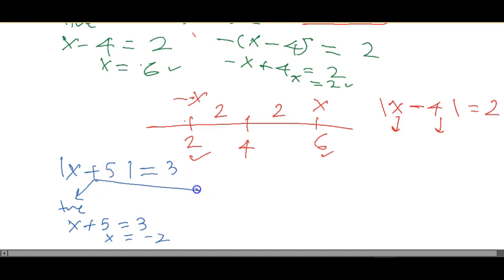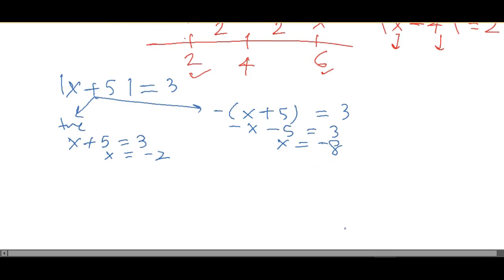For the second time, when I am opening the modulus, I will assume that the value inside the modulus is negative. So I have taken this as minus of x plus 5, equal to 3. Again I will open the bracket. Now if I take this x from the left hand side to the right hand side and bring this 3 from the right hand side to the left hand side, I will get x is equal to minus 8.